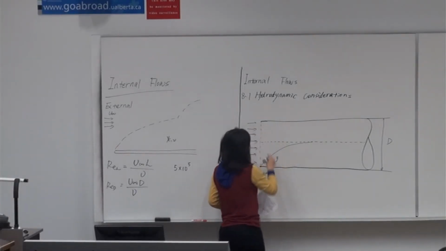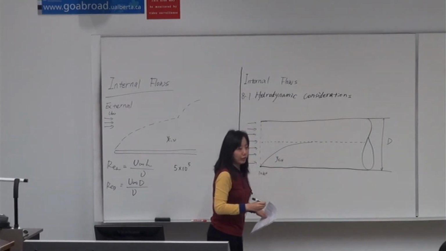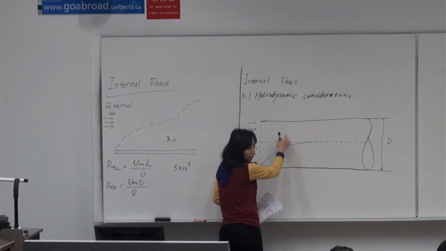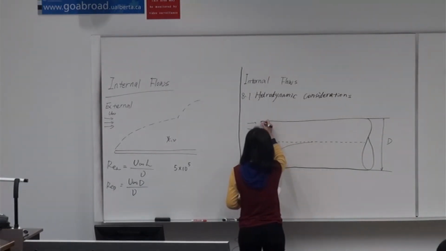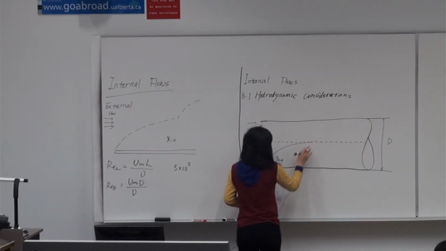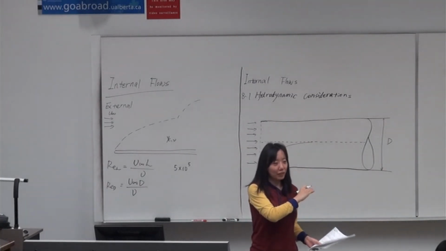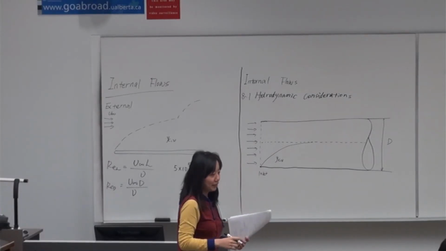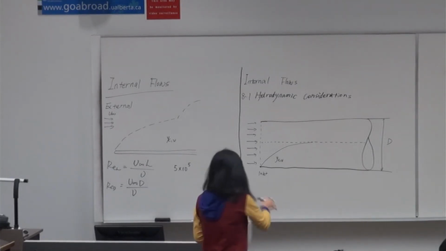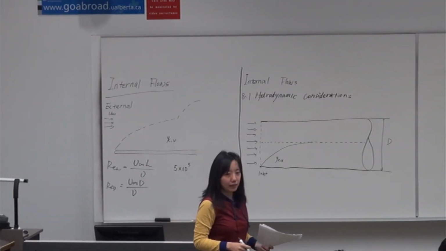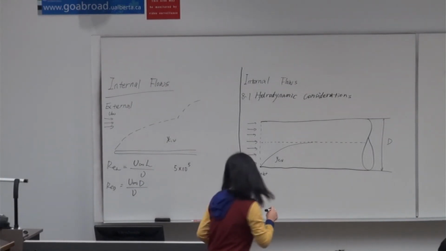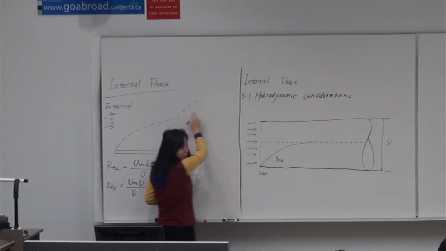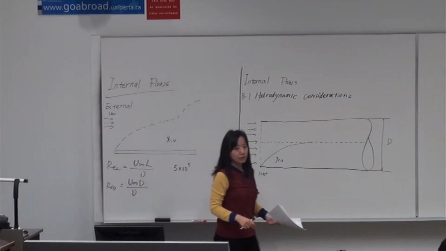For hydrodynamic consideration, this is our velocity boundary layer, and it is symmetric along the center line, where the boundary layer keeps growing, just as what we have in external flows. It keeps growing as much as it wants inside the pipes.